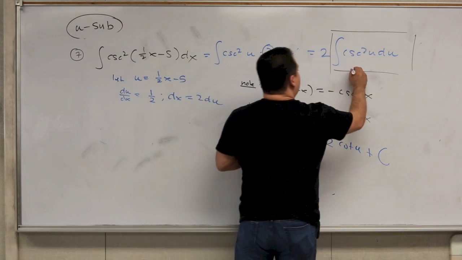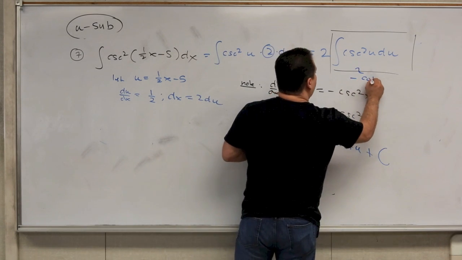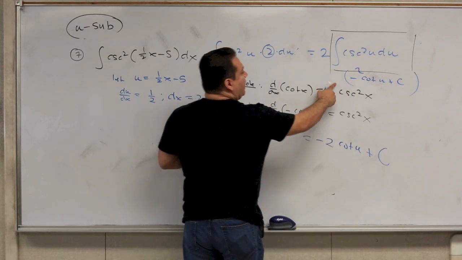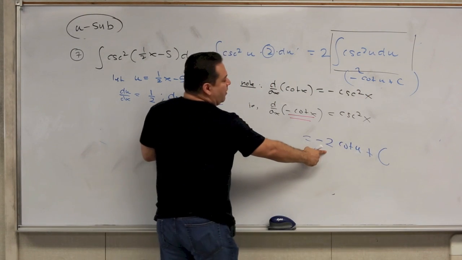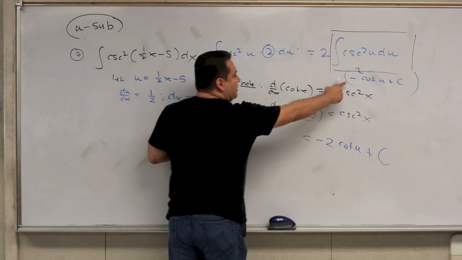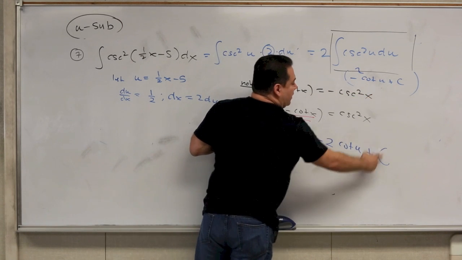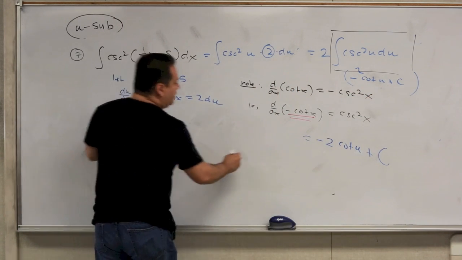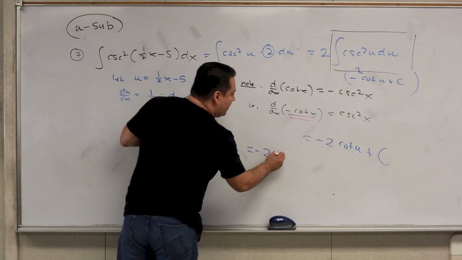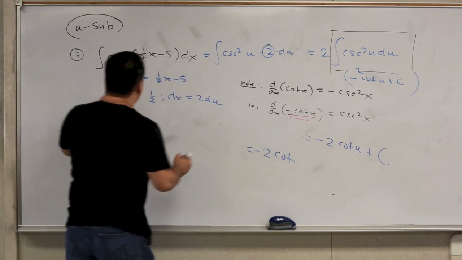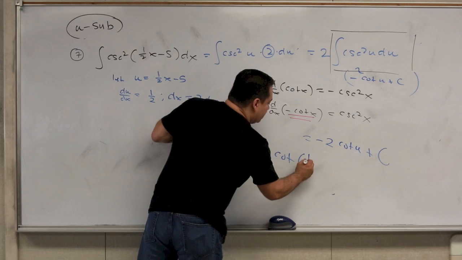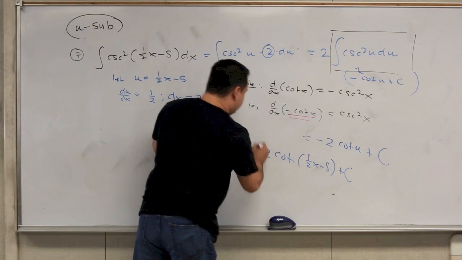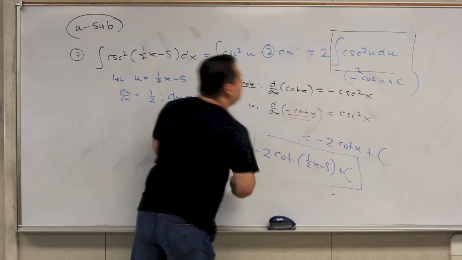Yes, 2 gets multiplied to both terms, and that's why I put the negative 2 here. 2 times that constant, I could just call it a constant. We're practically done, because what is u going to be? What was u to begin with? 1/2 x minus 5. This will be plus my c. And there you go.